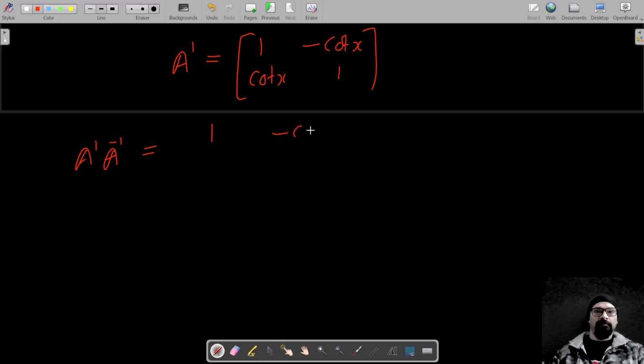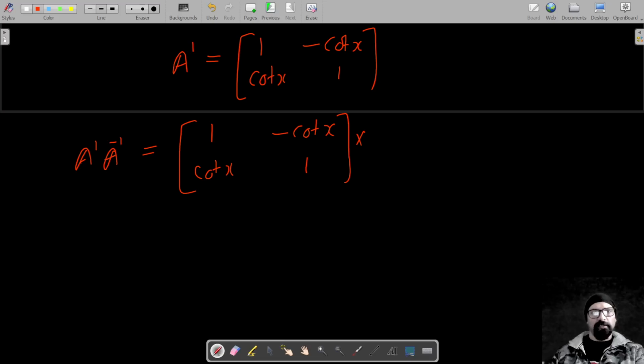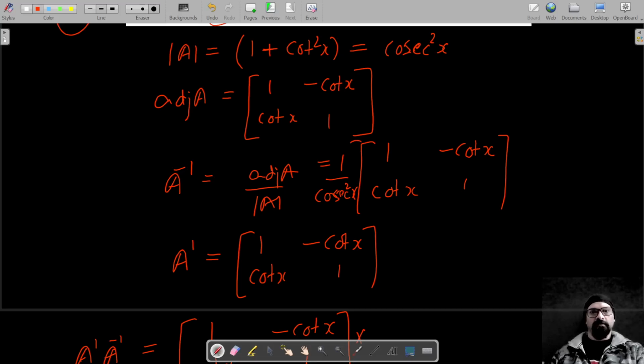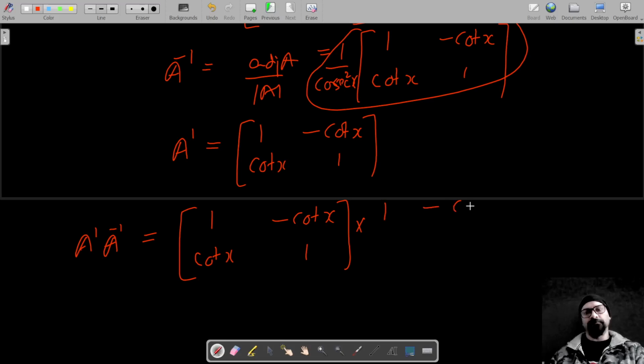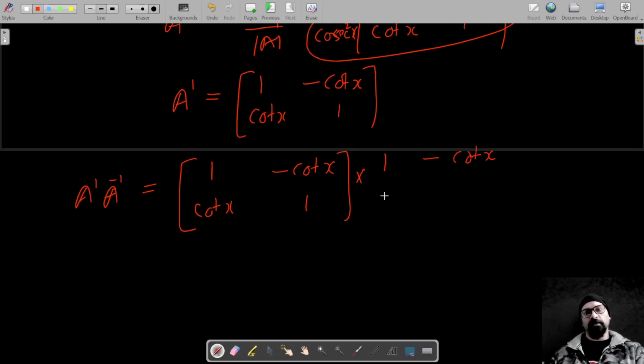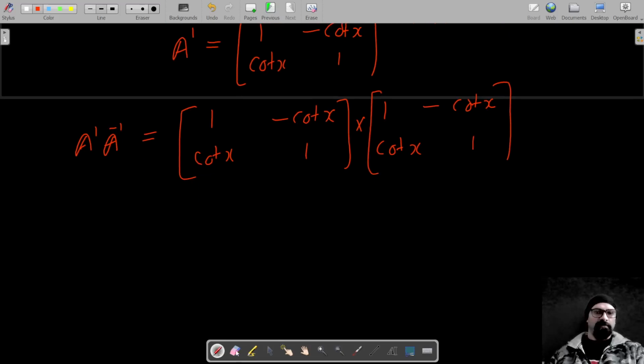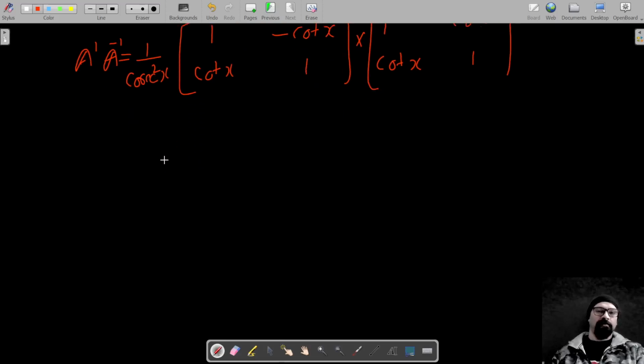So this is A transpose, 1, cot x, minus cot x, 1, which has to be multiplied with A inverse, this is 1, minus cot x, cot x, 1, and I will just keep 1 by cosecant square x here.